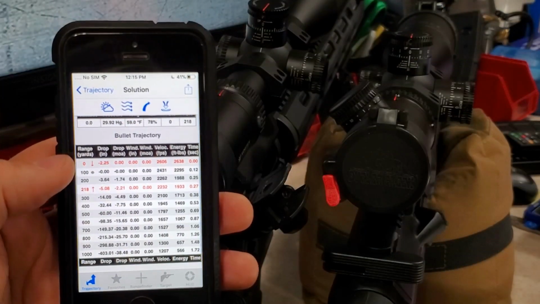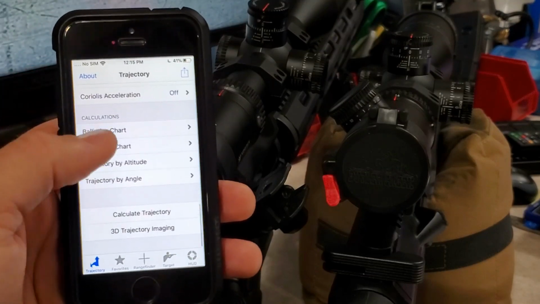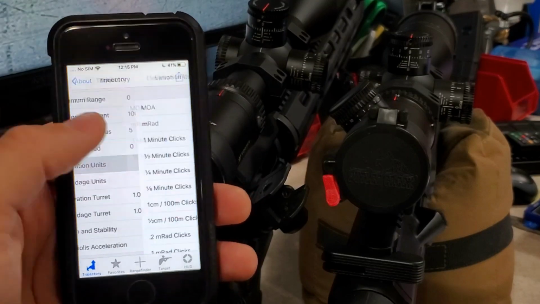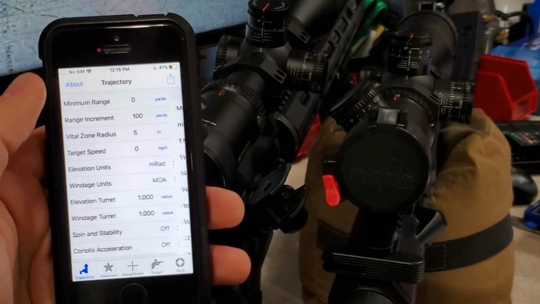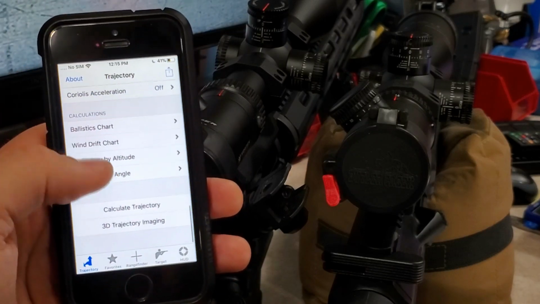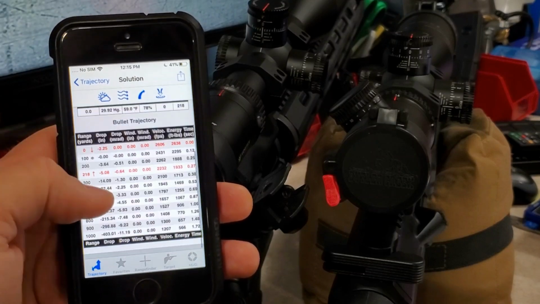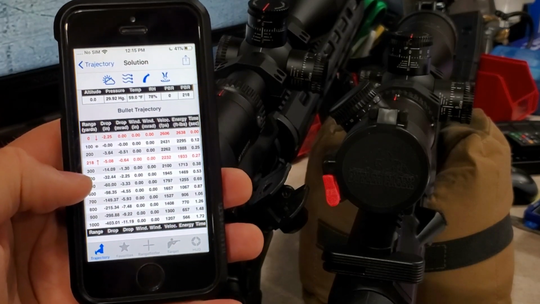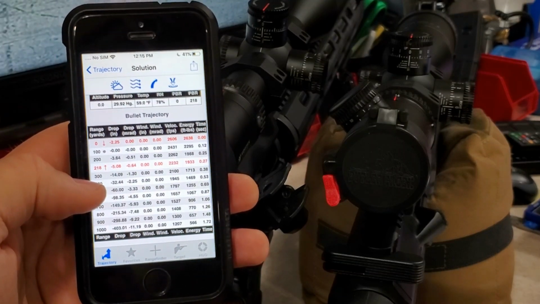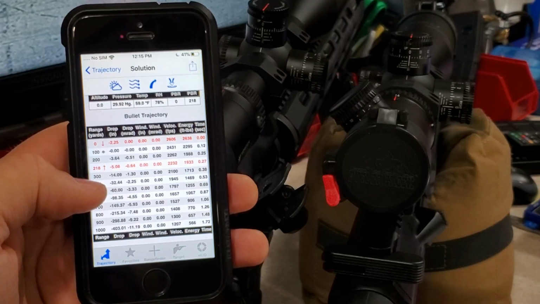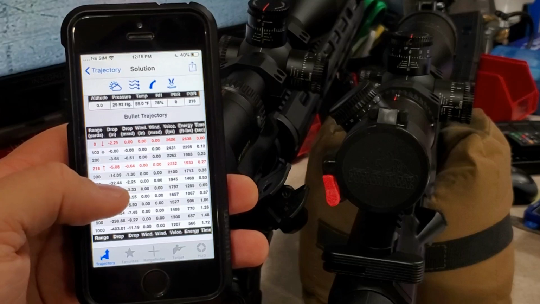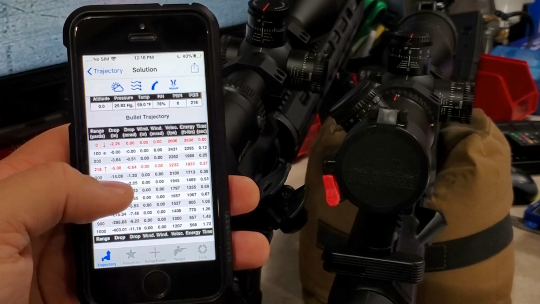Now, if we go back to the ballistics calculator, and I don't change anything other than changing the elevation and windage units to MRAD or mil, I hit calculate trajectory. That 300 yard measurement in regards to inches of drop hasn't changed. It's still negative 14.09 inches, but my MRAD adjustment is 1.3.